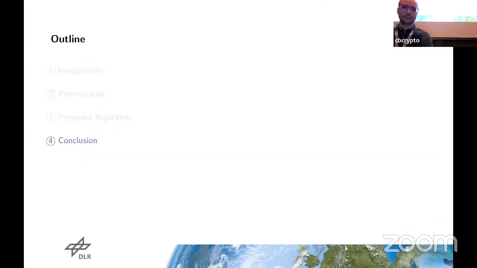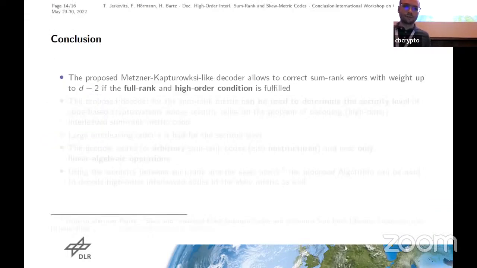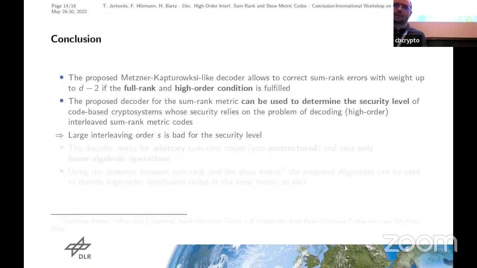Yeah, this already leads me to the conclusion. So we proposed a Metzner-Kapralov-like decoder that allows correcting some rank errors with weight up to d minus 2 if the full rank and high order condition is fulfilled. And the proposed decoder can be used for determining the security level of code-based cryptosystems.